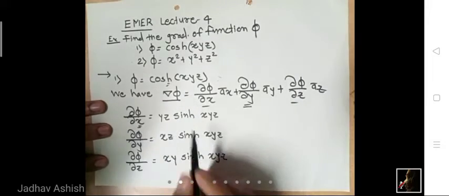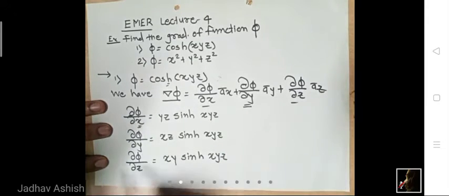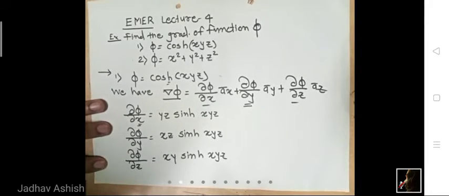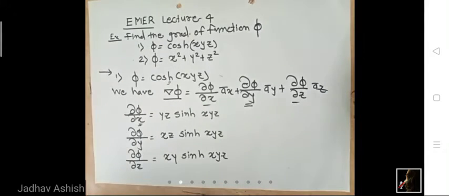Hope it's making sense. If you are aware of this formula, you will be able to understand it. Otherwise, maybe in the next week we are starting with the regular lectures. I hope you have heard that.